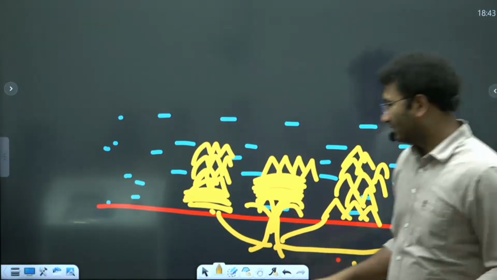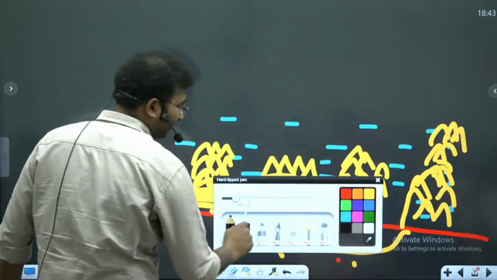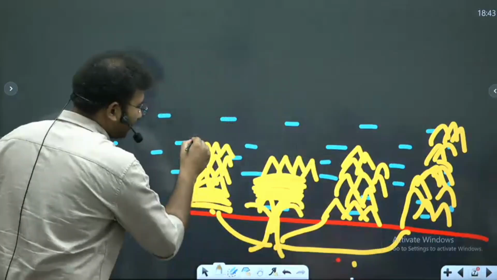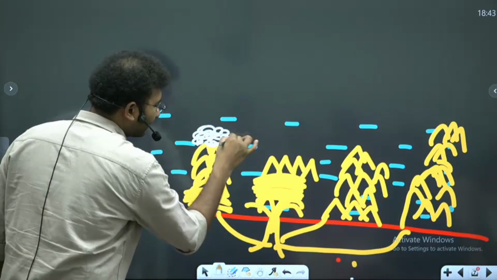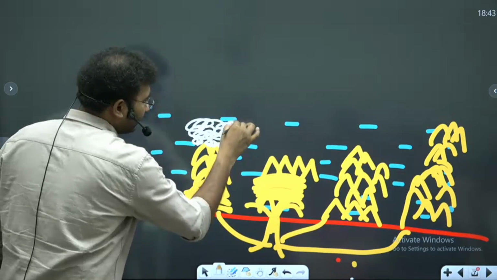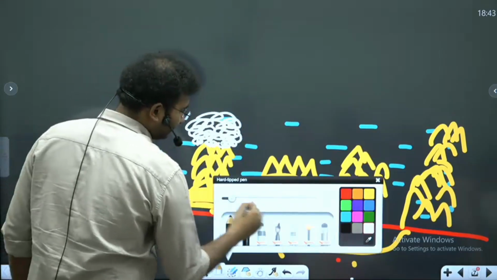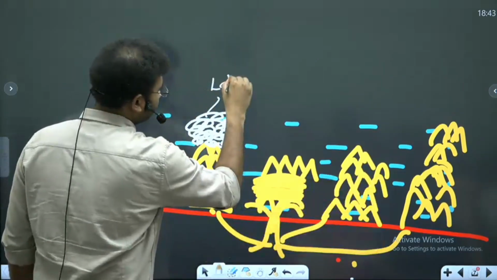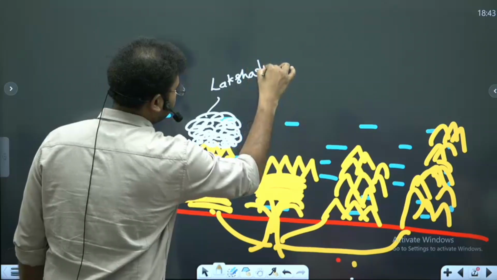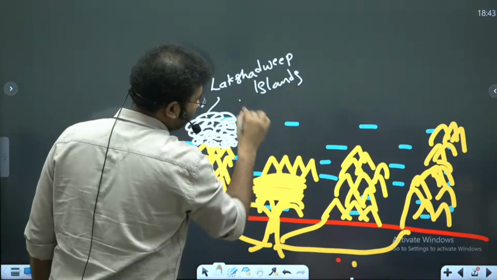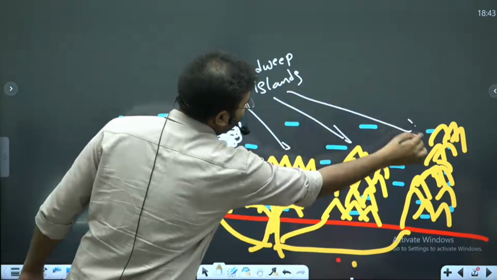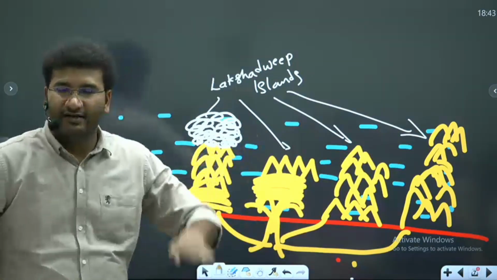And today, after a few thousands of years or lakhs of years, what happened here is the coral reefs started to form here, right? Now this became your Lakshadweep. Most of the islands of Lakshadweep, they are actually under the water.